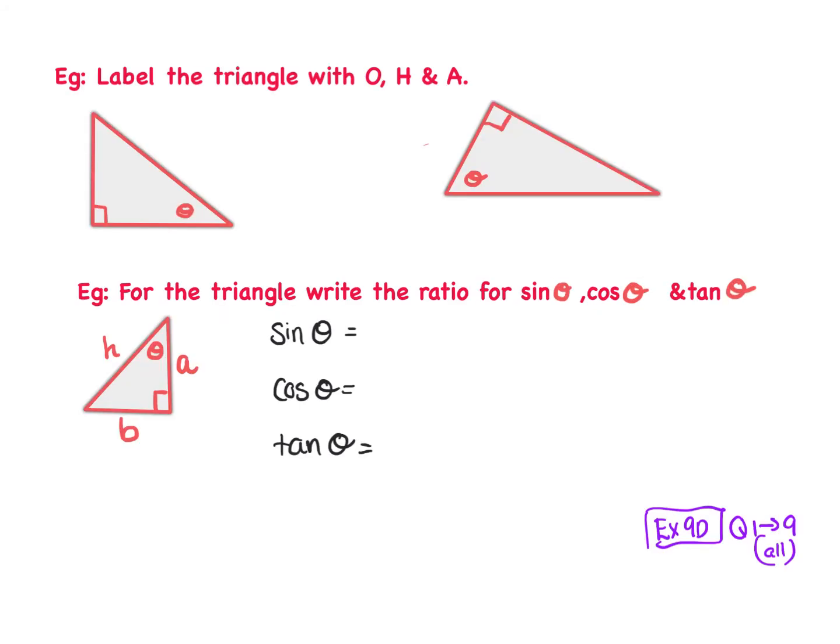Looking at these questions, it says label the triangle with O, H and A. We often just refer to the opposite side with the letter O, the hypotenuse with the letter H, and the adjacent with the letter A. In this one, I suggest you label the hypotenuse first.